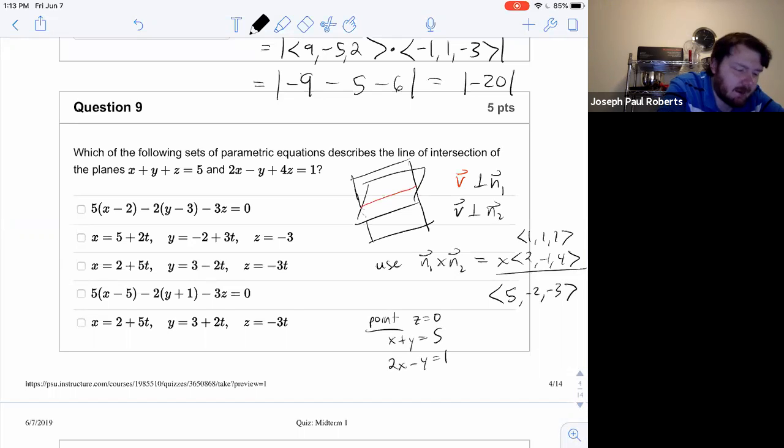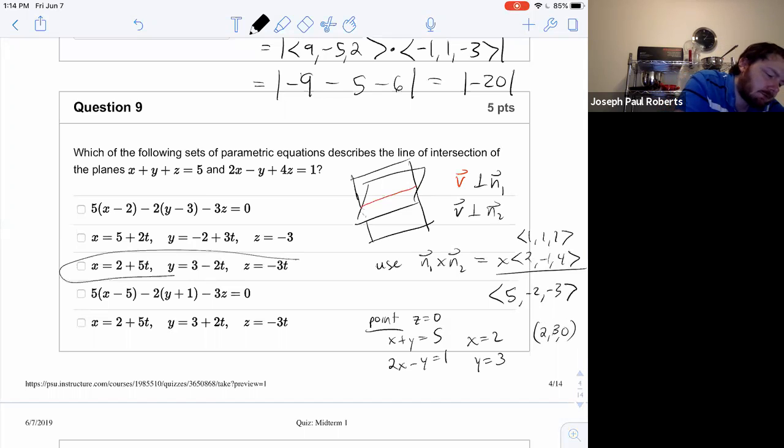Adding those equations together gives 3x equals 6, so x equals 2, and then y has to be 3. So we get the point 2, 3, 0. And so the line containing the point 2, 3, 0 with direction 5, -2, -3 looks like this choice here.